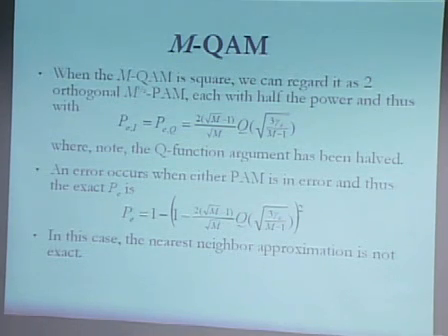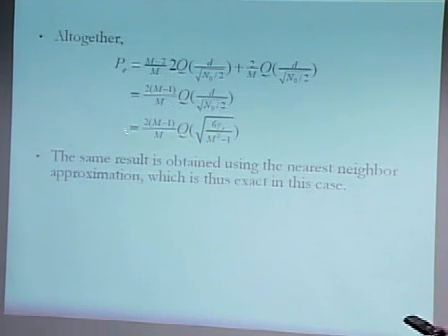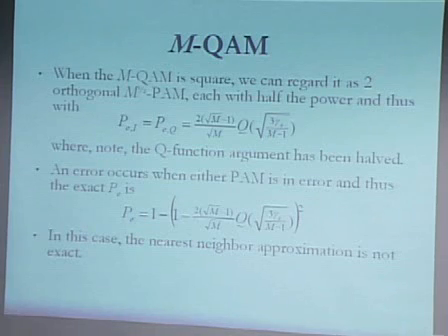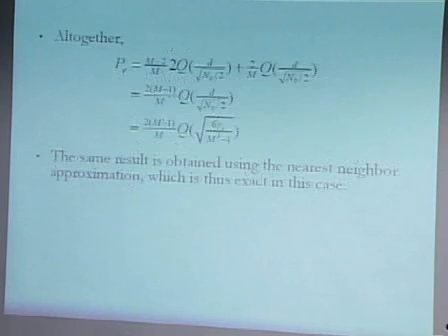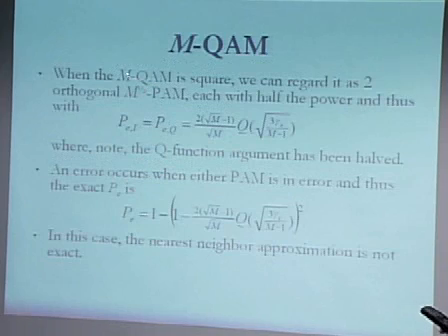So for each of these decomposed constellations, PAMs, I and Q, the P sub B is the one we just derived for PAM. Here it is. So this formula that we derived for PAM, which is exact, now applies on each of the two branches, I and Q. So we just put it up here again. It's the same formula, except that I replaced M with square root of M. Remember that we have M points on the QAM, so we have root of M on each of the PAMs.